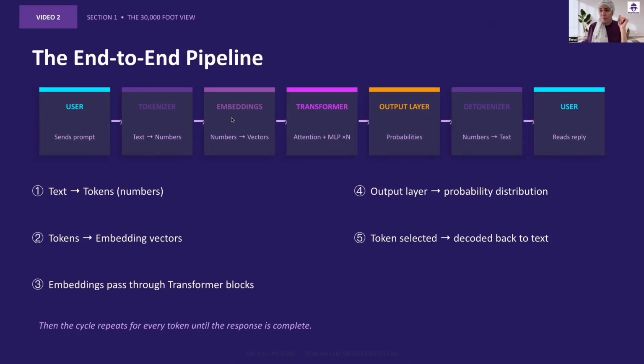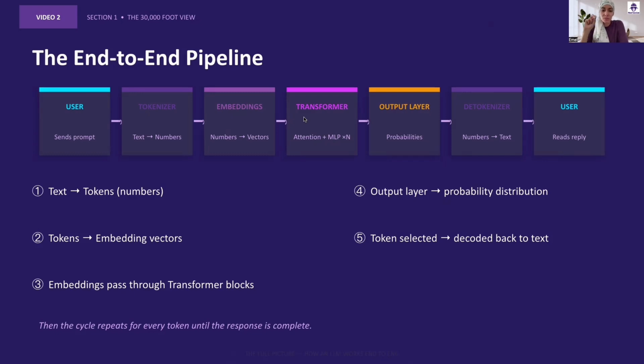The second step is about these tokens getting turned into embeddings, which essentially are vectors. Each token number maps to a vector. This is where language starts becoming something a neural network can work with. Then we have the third step.